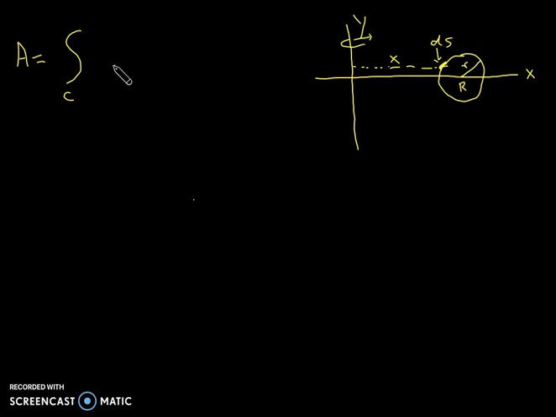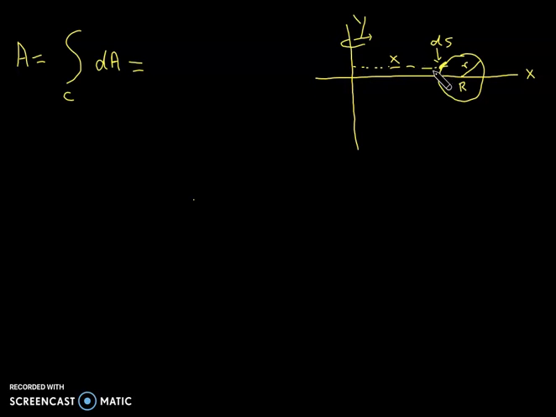Okay, and then the surface area of the torus is the integral over the circle of dA, where dA is the typical piece of surface area that's generated by this typical piece of the circle of arc length ds. So dA is equal to this little ds here, multiplied by the distance that it travels as the circle gets revolved around the y-axis.